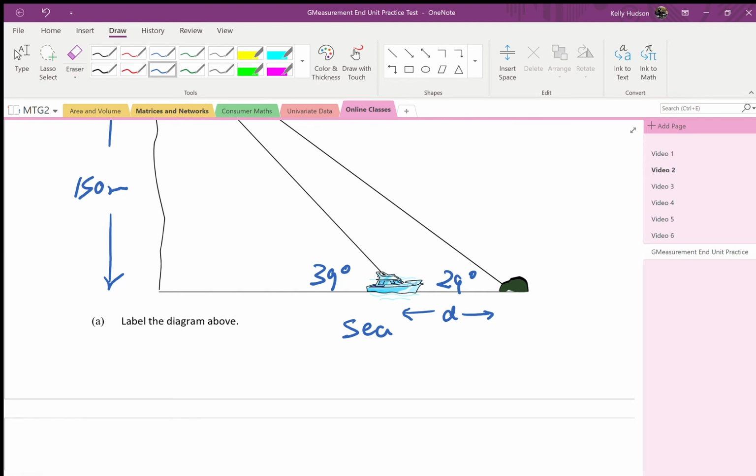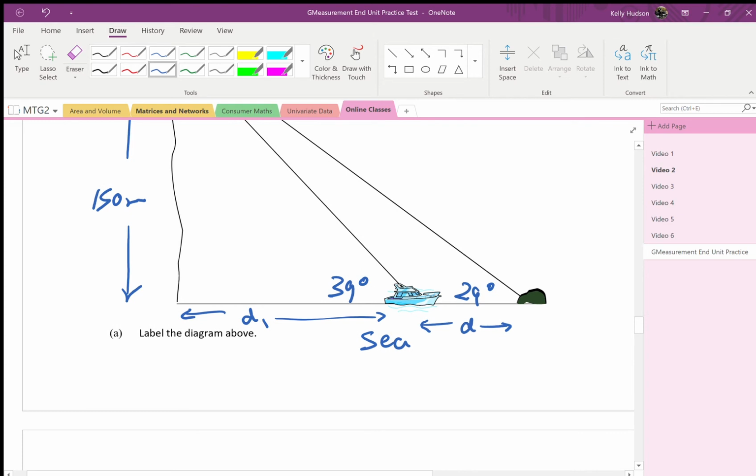So let's call this one D1, and this one is the big one. We'll call this one D2. So I'm going to label this one here as D2. So I've got two triangles that I'm working with.